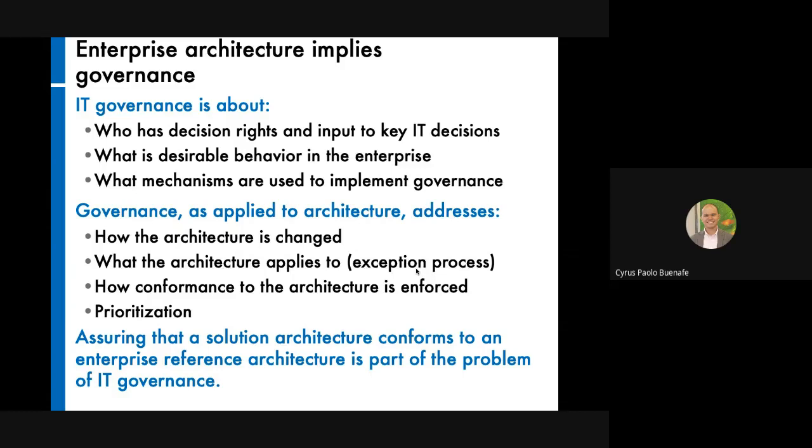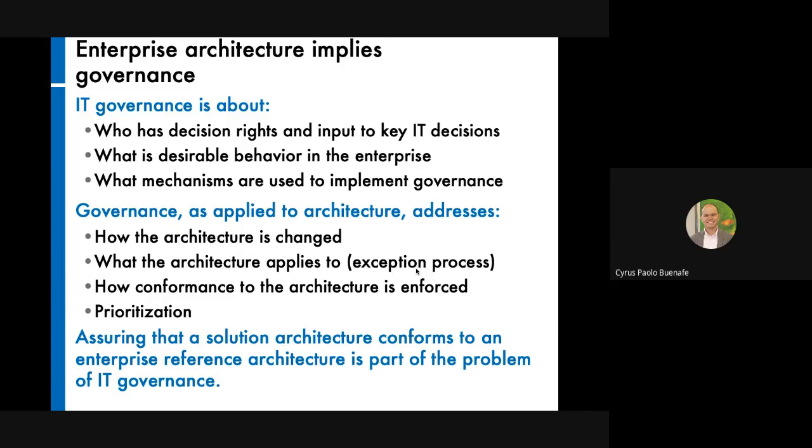So there are scope considerations, there are limitations. It addresses how conformance to the architecture is enforced. So they're the ones who say which projects are supposed to go because these projects actually fit the architecture, and which projects have to be ignored because they don't conform to the architecture.